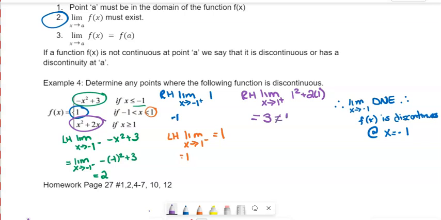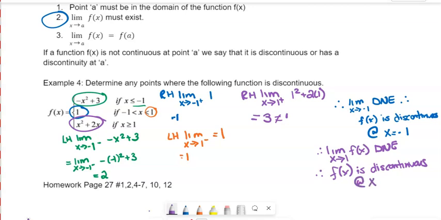So also here, the limit of x approaching 1 of the function does not exist. Therefore, the function is discontinuous at x equals 1.